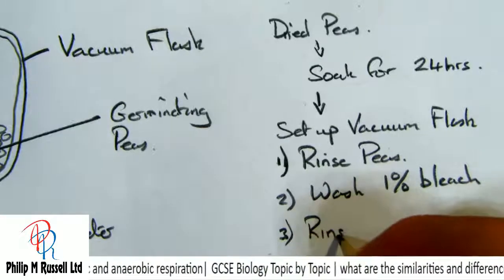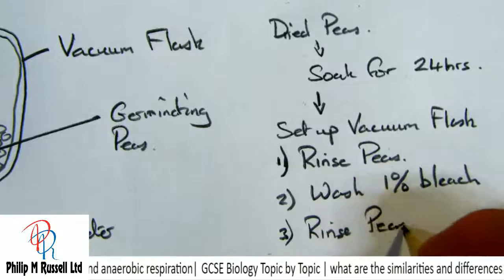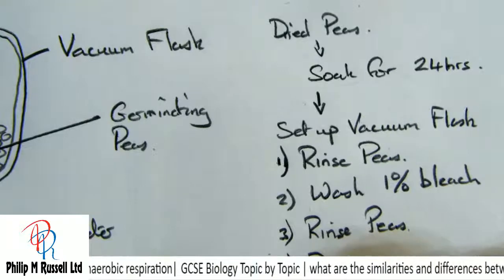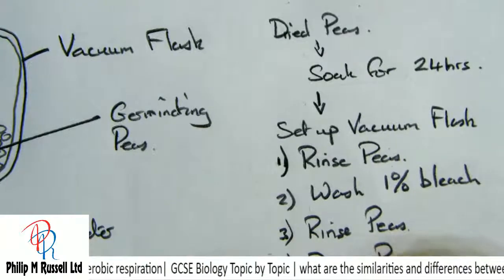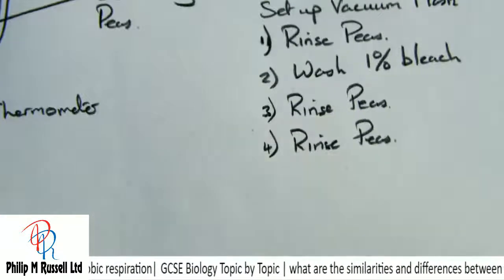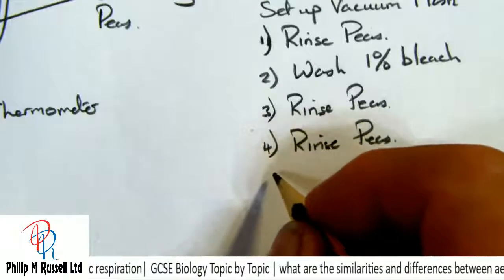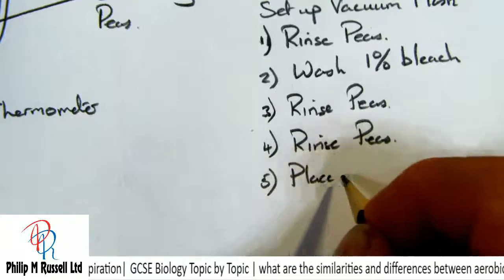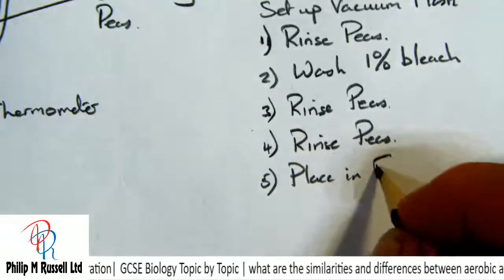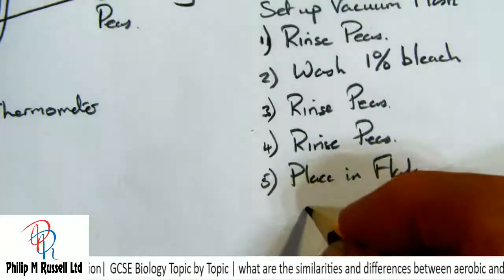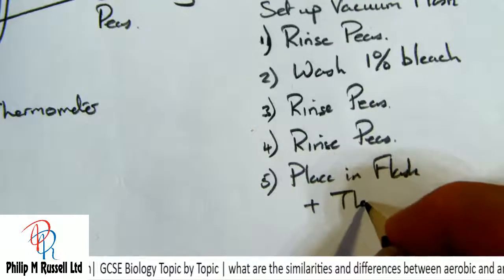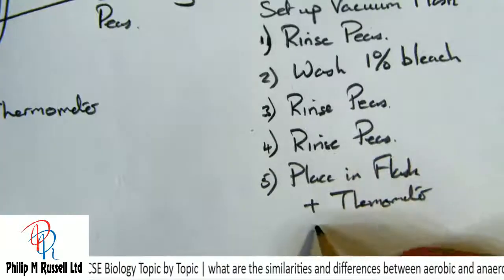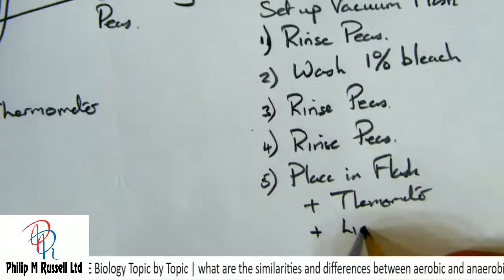Then I'm going to rinse the peas again, and then rinse them again, and then place in the flask plus the thermometer, plus a lid.